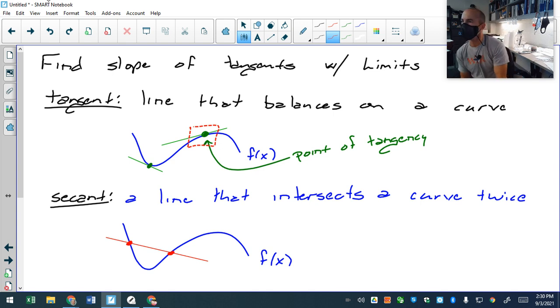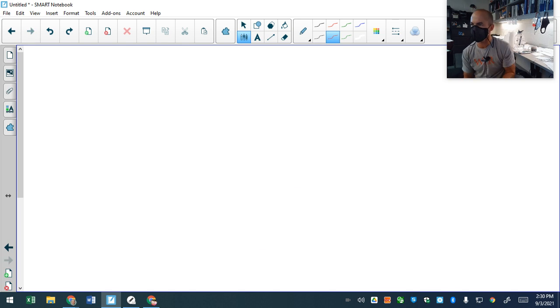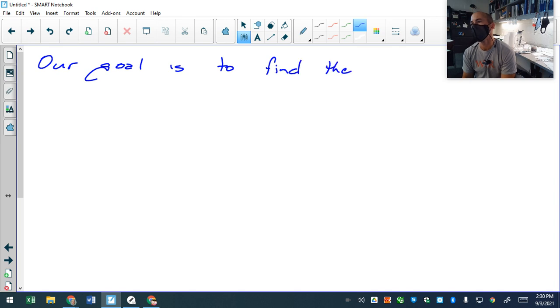So our objective for the next week or so is going to be to find the slope of that tangent. So our goal is to find the slope of the tangent.